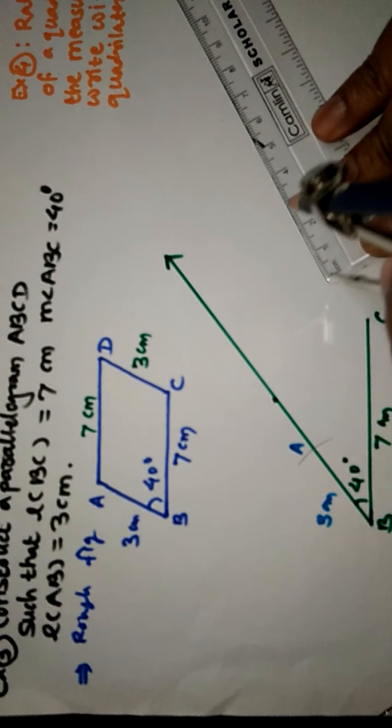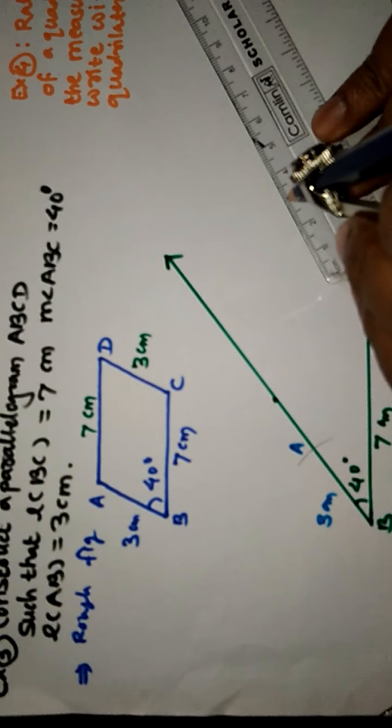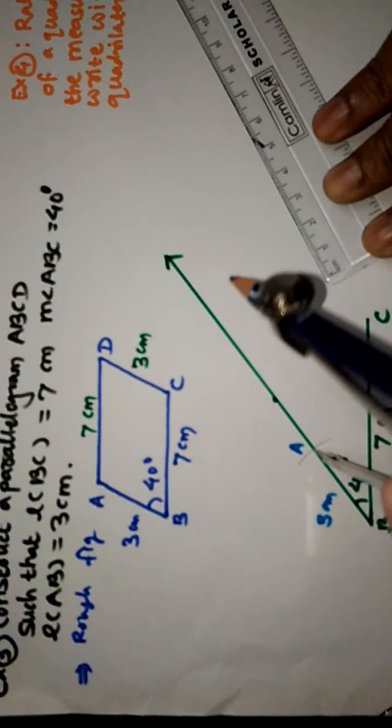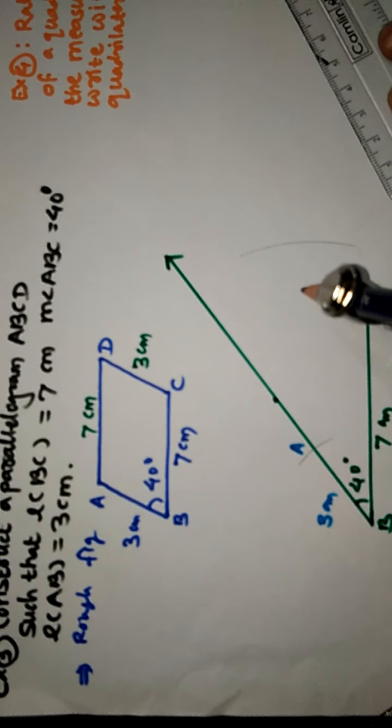From A to D it is 7 centimeters. Take a distance of 7 centimeters in your compass and draw an arc. And C to D is 3 centimeters, so take a distance of 3 centimeters and intersect this arc.